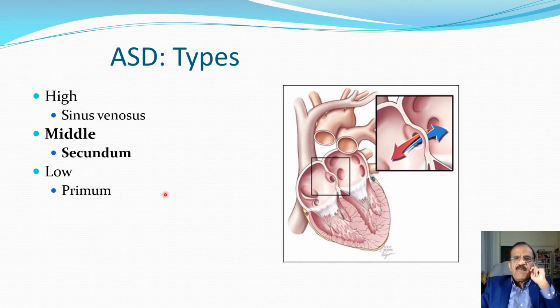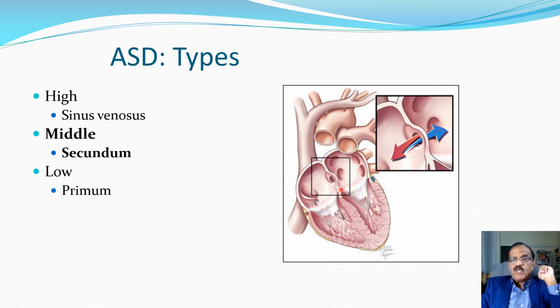Then the third may be in the lower part, and the lower part is called primum, and this is more serious because when this part of the septum is defective, it would cause some structural abnormality of these cusps also, which are attached to this part.